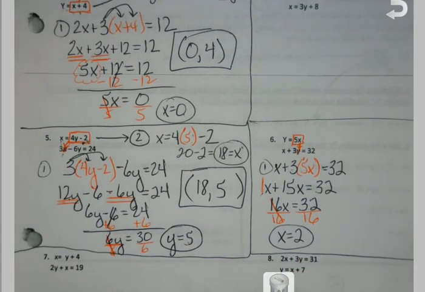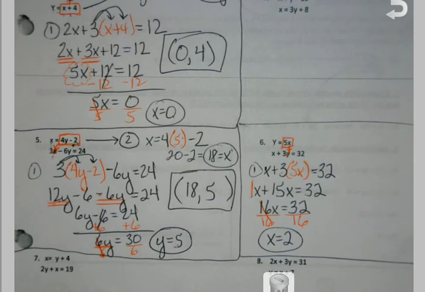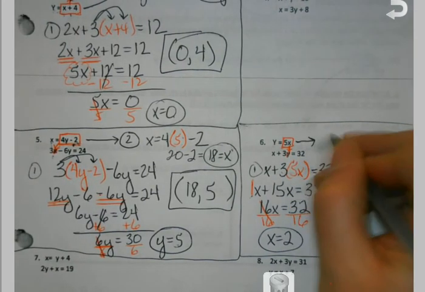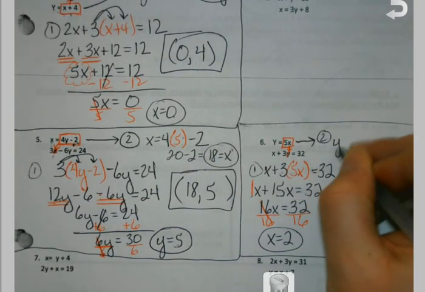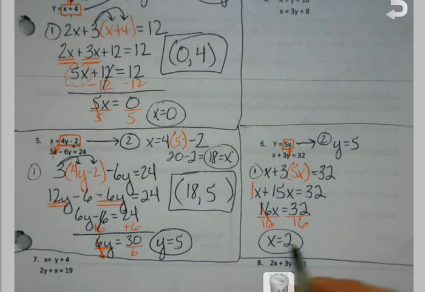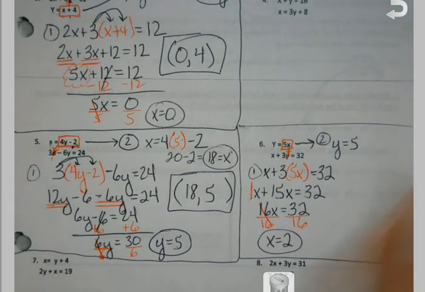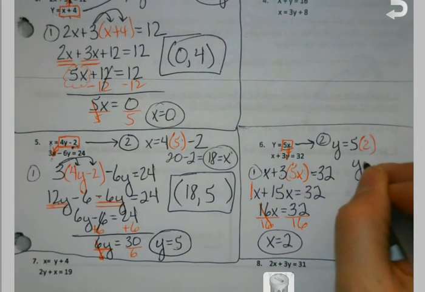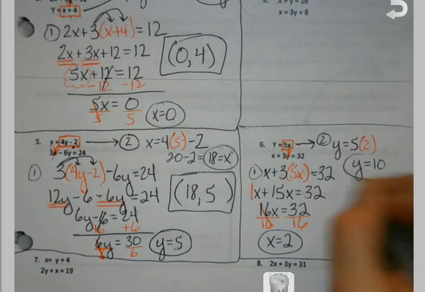So I get my 2. And then just like I've been doing on all of these, I'm going to plug that 2 back in up here into my original problem and get my y.